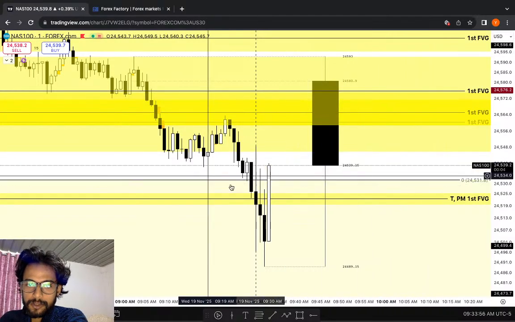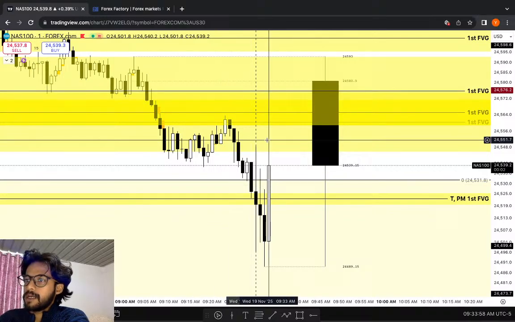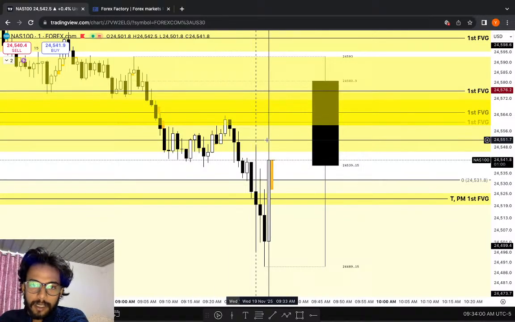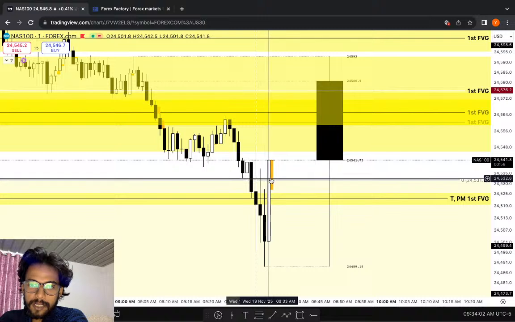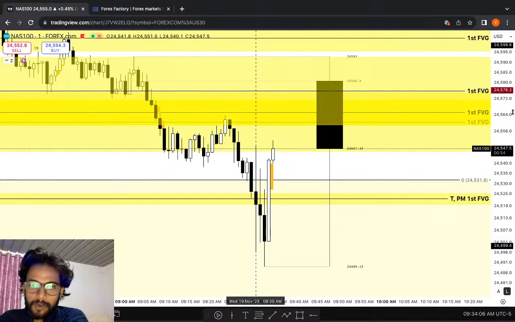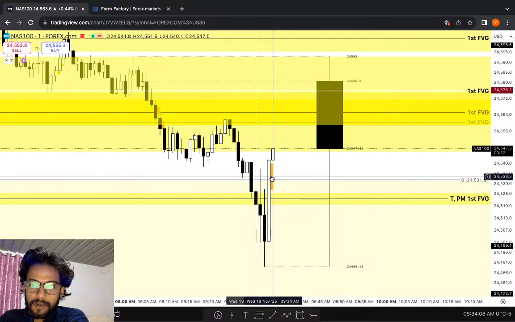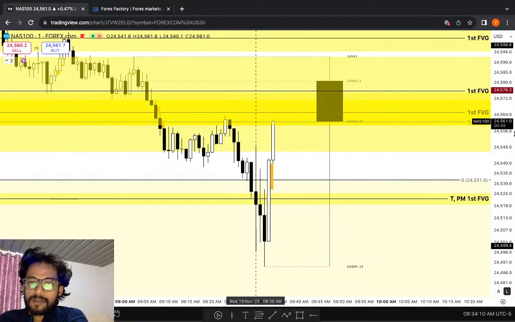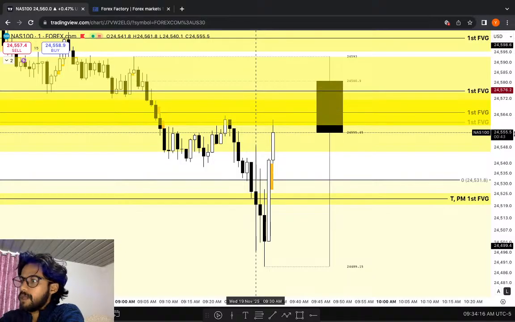It should break higher on the upside, take these highs out, and this gap should not completely fill in. That's what I'm looking for. Don't want the gap it formed to completely fill in, and it should break the highs just like that. I am exiting my trade right there. I'm done for the day.